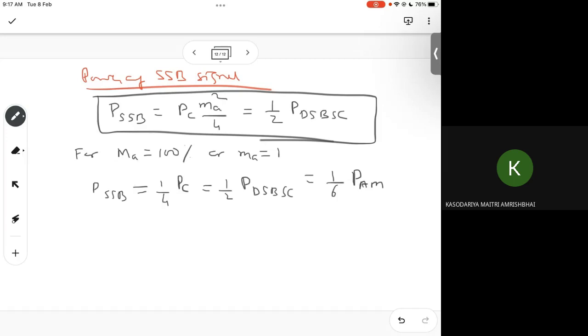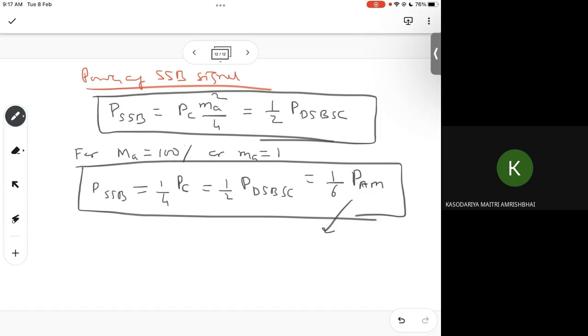So this becomes an interesting relation. So this is a very good advantage. But here I will get only 1/4 of the carrier power, or half of the double sideband suppressed carrier.